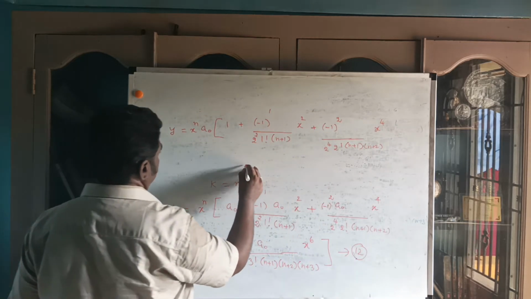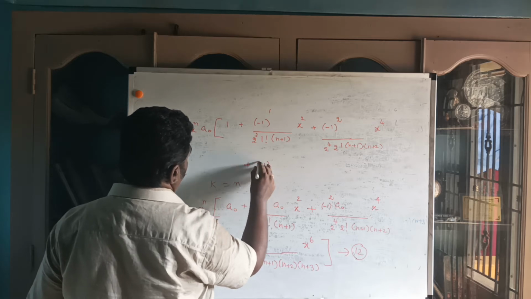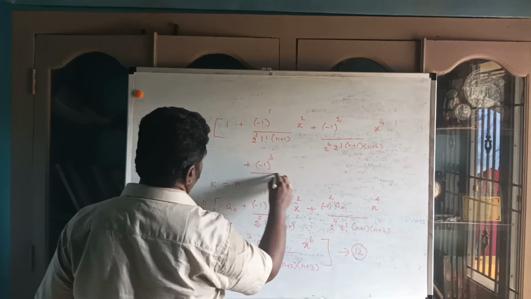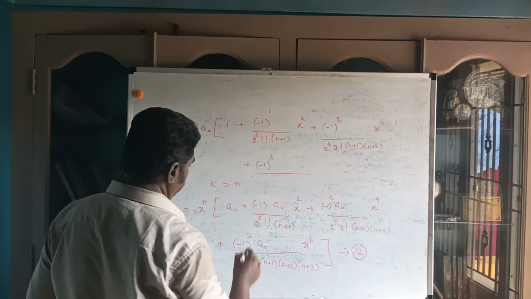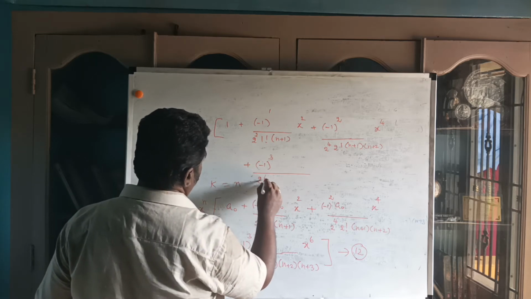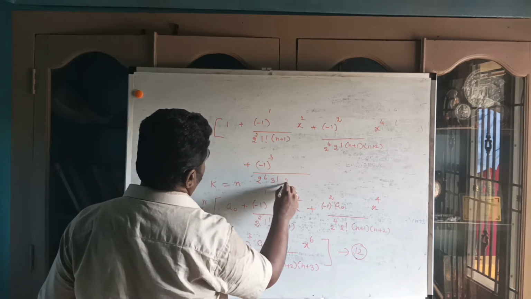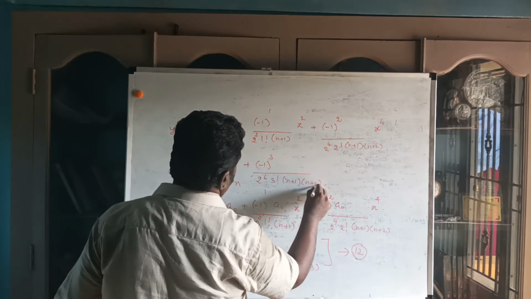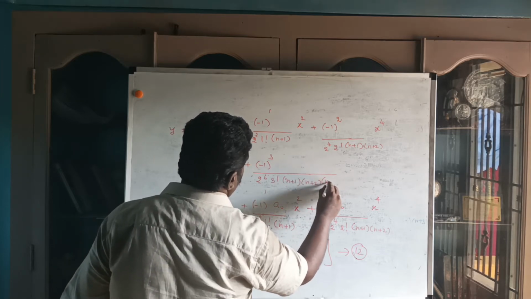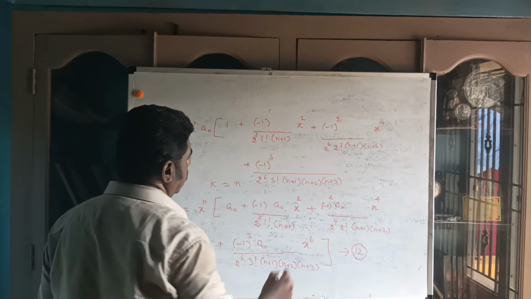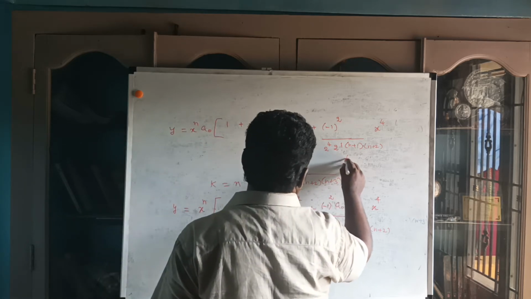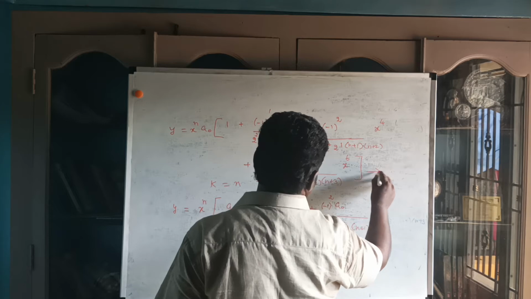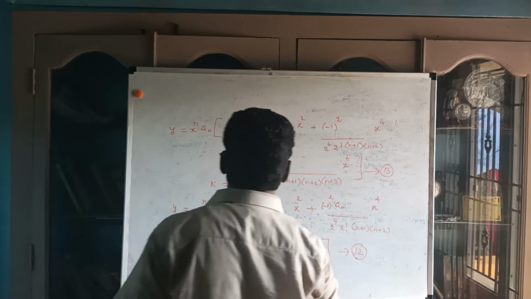Then in the third term, we have taken a0 outside; this is minus 1 cube divided by 2 power 6, 3 factorial, n plus 1 into n plus 2 into n plus 3, entire is multiplied by x power 6. This is equation number 13.